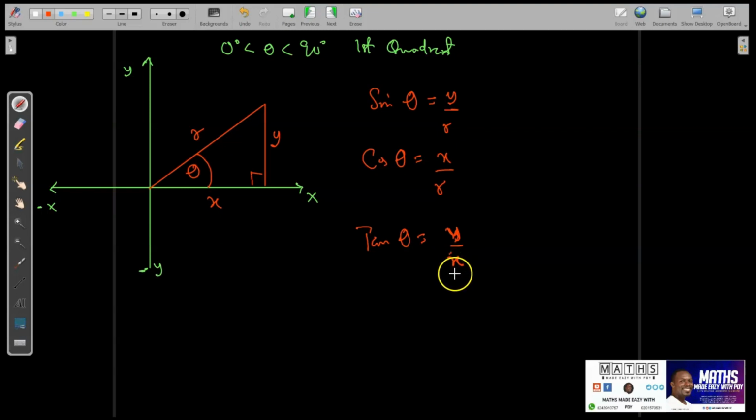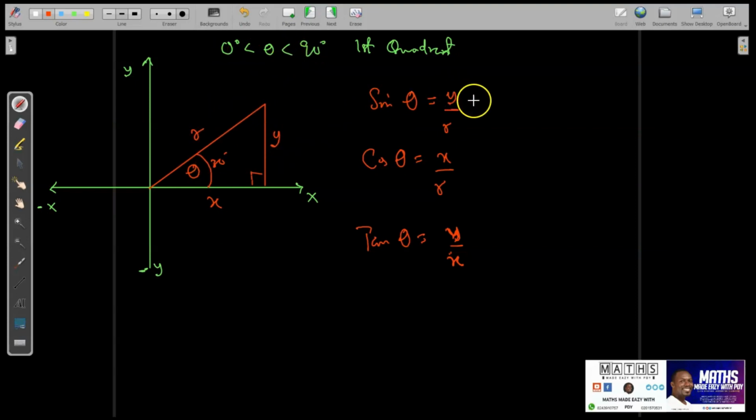Yes, please. All right. Let us confirm these things with our calculator. So right now we found out that if I have 30 degrees or 60 degrees, whatever the angle may be, any angle that lies between 0 degrees and 90 degrees lies in the first quadrant.